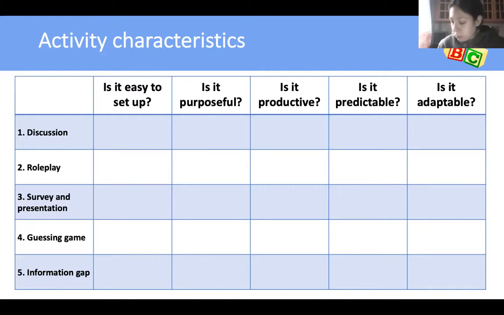Which means some activities are easier to give help with. For example, with discussions, you don't know what to give your students apart from necessary vocabulary or some general phrases such as I think or I believe that. What can you do? But in survey and presentation, you can actually give more language, because for a survey, they need to be able to ask questions.